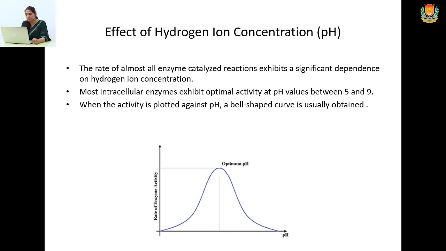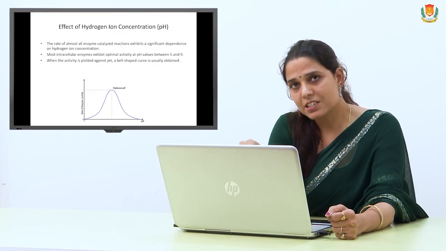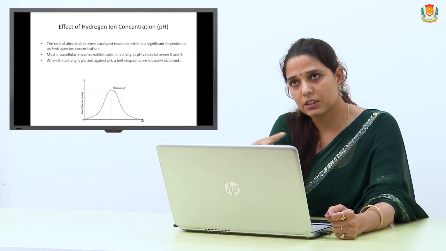Whereas in the temperature effect, we didn't get a bell-shaped plot, because initially, up to 40 degrees, the rate of reaction increased due to the increase in kinetic energy and collision of molecules, but after 40 there is a sudden, drastic decrease in activity. So in the case of pH we get a bell-shaped graph, but not in the case of temperature.